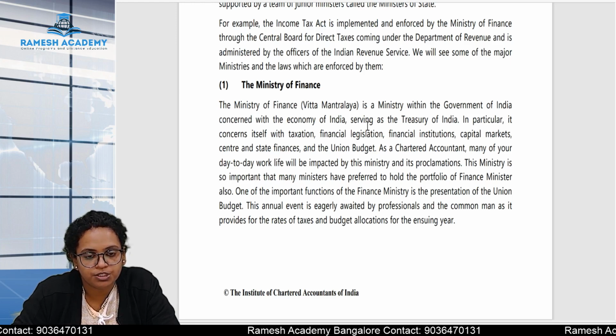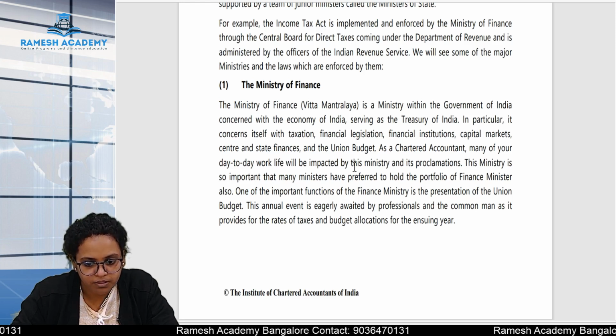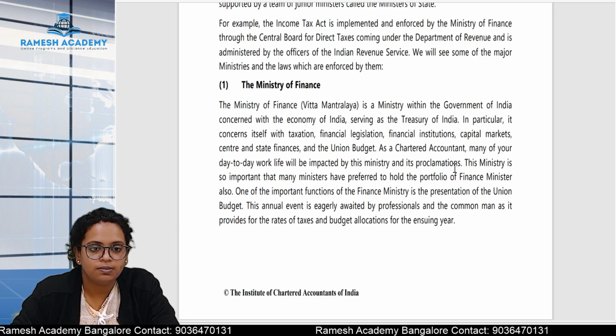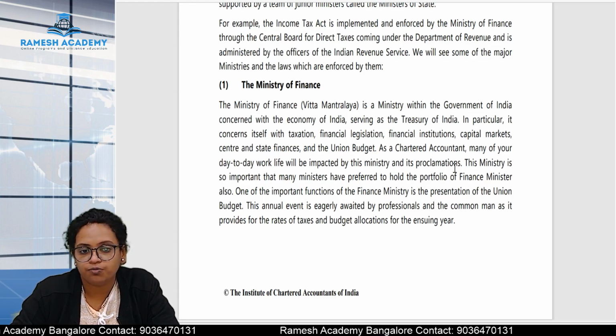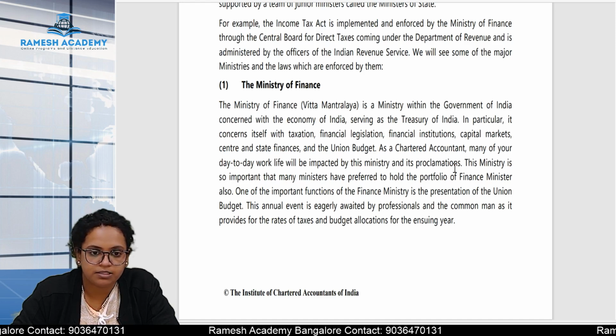The union budget is declared by the Finance Minister of India. As a chartered accountant, many of your day-to-day work life will be impacted by this ministry and its proclamation. So as I told you before also, as you all deal on a day-to-day basis with the finances on your income tax, there can be a change in income tax slabs.